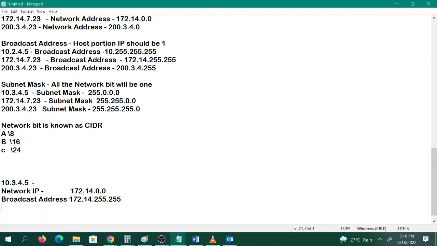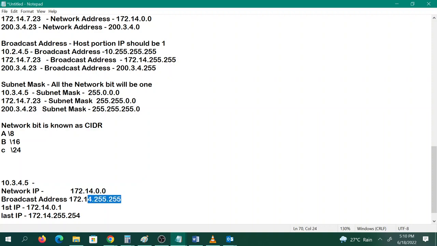So the first usable IP will be 172.14.0.1, and the last usable IP will be 172.14.255.254.